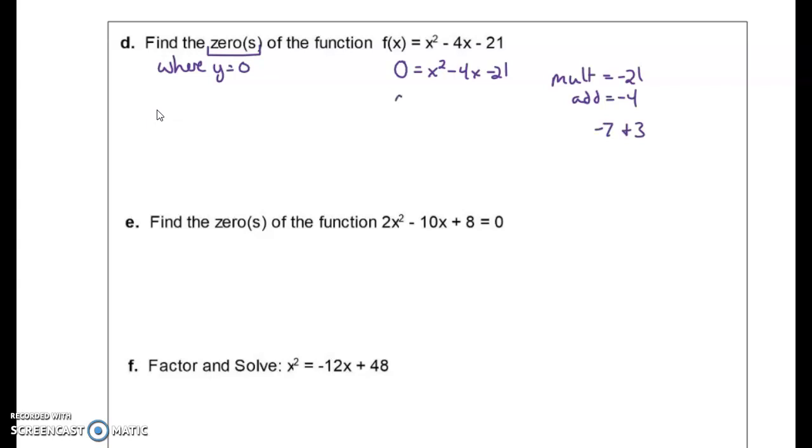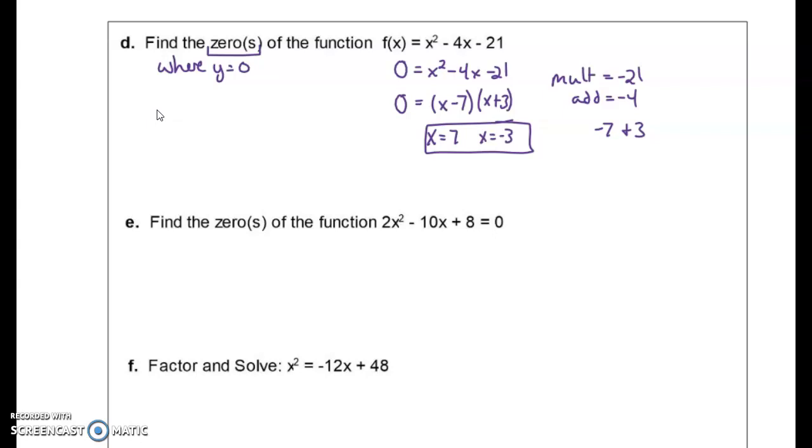If you don't come up with your answers right away, you can always make the list like we talked about in class. Sometimes I don't come up with them off the top of my head. So negative 7 becomes x minus 7, and positive 3 becomes x plus 3. Then you set each factor equal to 0, and you get x equals 7 and x equals negative 3. This tells us that the graph has two x-intercepts, or two solutions, at 7 and at negative 3. So it's going to cross our x-axis twice.